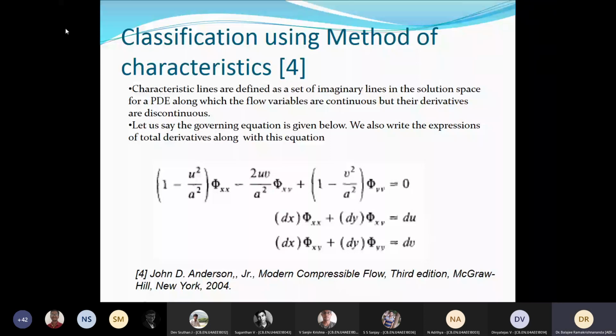How to derive this is a slightly long story. Earlier we assumed density as constant. Here this is for compressible flow. When you look at phi xx plus phi yy equals 0, we assumed A is infinity. A is infinity means it's an incompressible flow, correct?